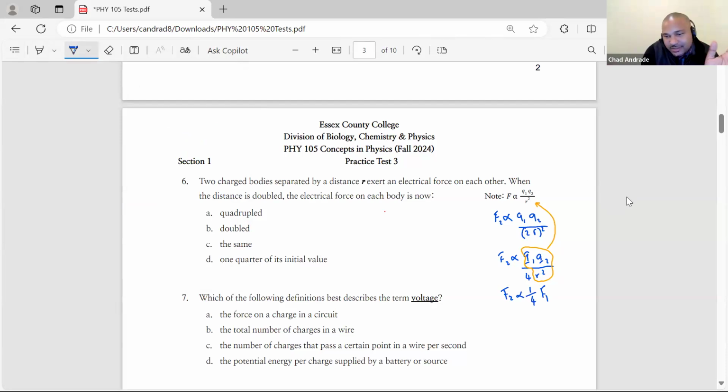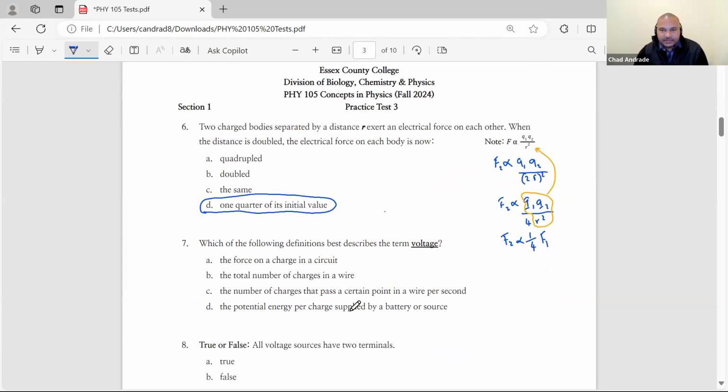If you double the distance, the force gets smaller, but not by a half. It gets smaller by a quarter. So the correct answer for this one is right here. It's now 1/4 of its initial value. Hopefully you guys are seeing it on the screen. I'm trying to make sure the math is there.